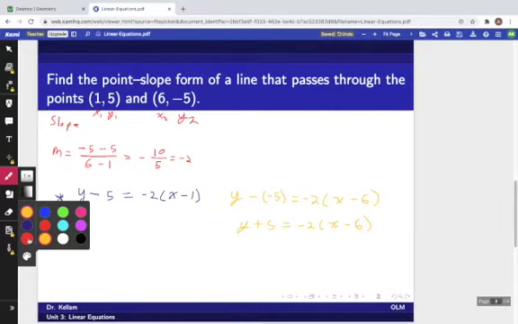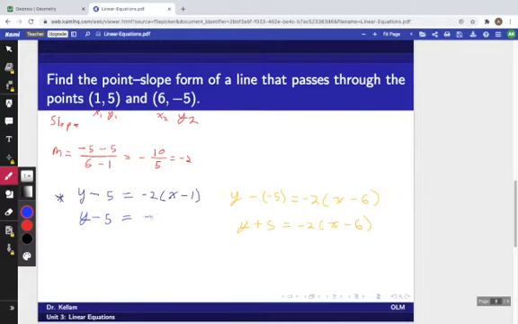We can see that they're the same line if we solve this out for y. So y minus 5 equals negative 2x plus 2, because I distributed that, and then I add 5 to both sides. y is equal to negative 2x plus 7.